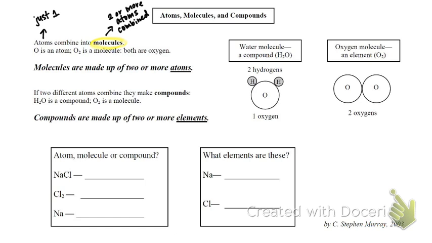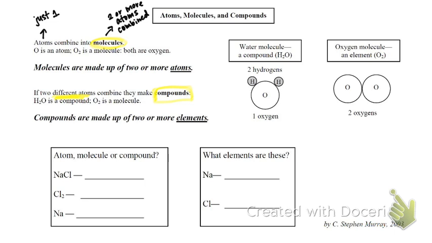That's what they've written there. Molecules are made up of 2 or more atoms. If 2 different atoms combine, so O2, 2 oxygens, is just a molecule of oxygen. But if I take oxygen and put it with hydrogen, that makes a compound. So anytime you've got different atoms together, different atoms make a compound.